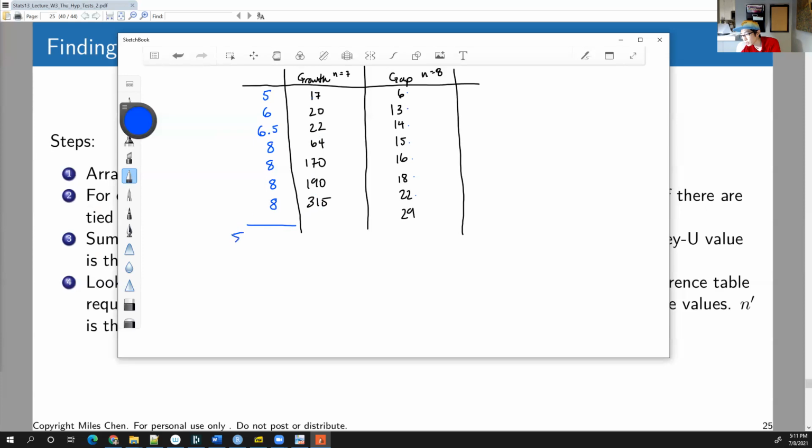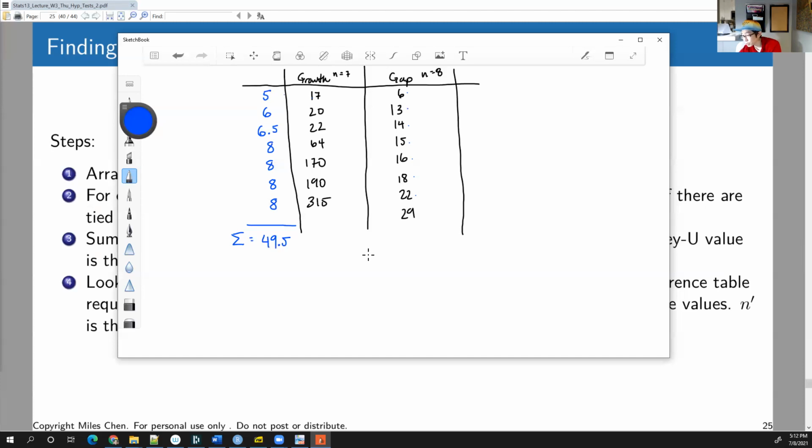When we calculate the sum of these values, 8 plus 8 plus 8 plus 8 plus 6.5 plus 6 and 5, this sum is going to be 49.5. The values 315 and 64 both contribute 8 towards this sum of 49.5. Okay.